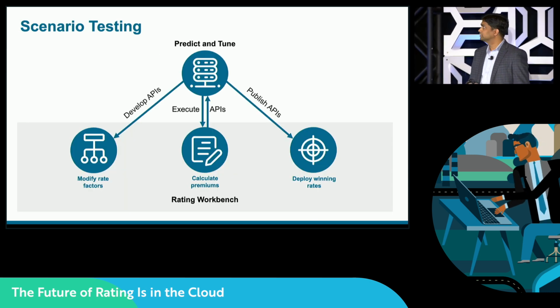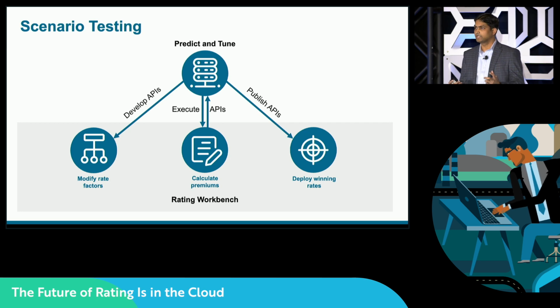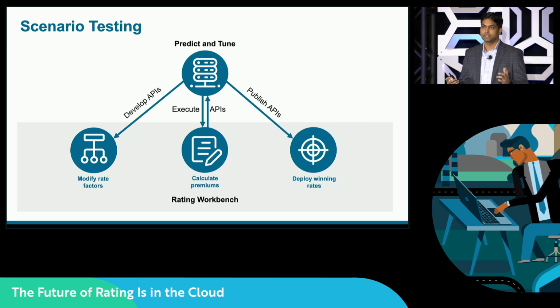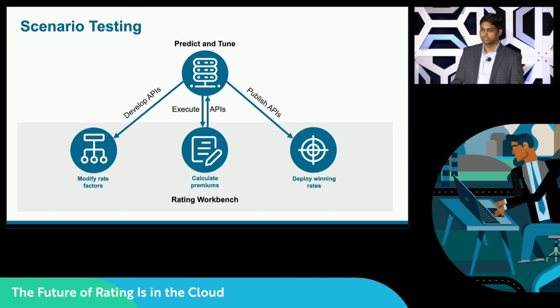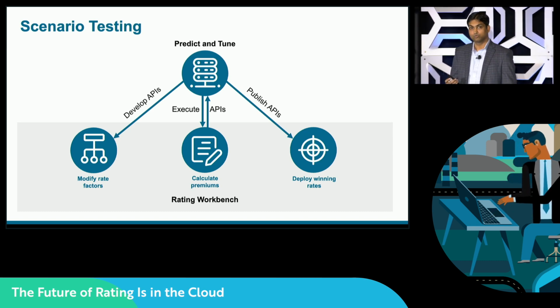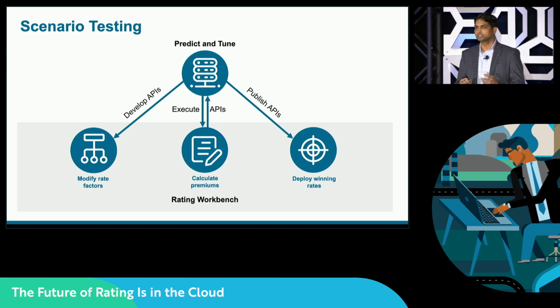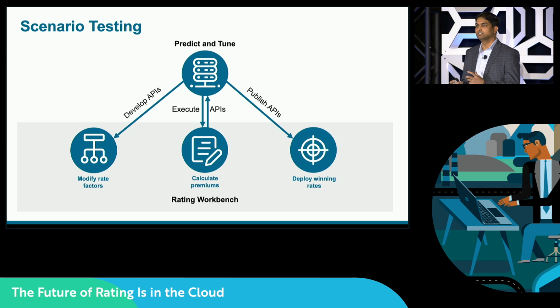So as you can see, this is the whole ecosystem of Predict, Tune, and Rating Workbench that works together for the entire scenario testing to be complete. It starts with Predict, where actuaries create their predictive models, and then based on what the predictive models are suggesting, they go ahead and create these scenarios.